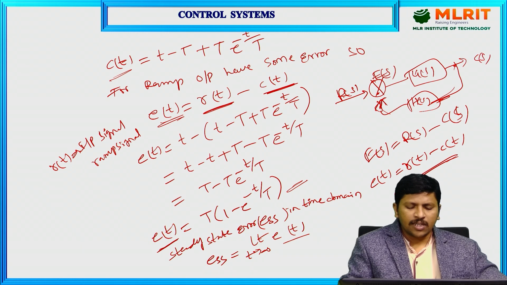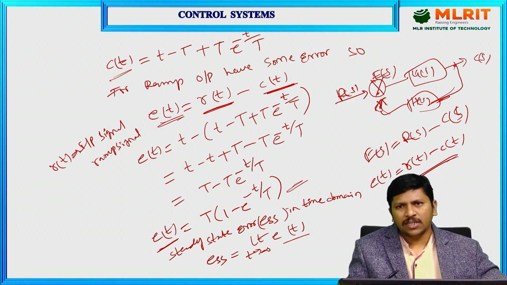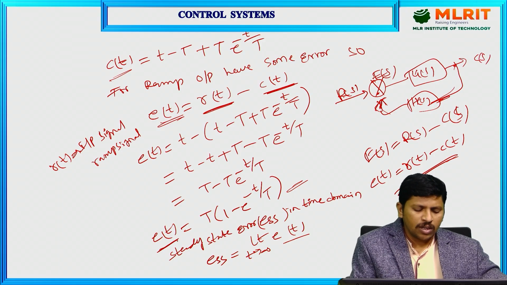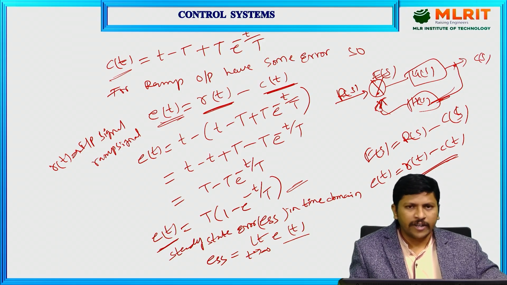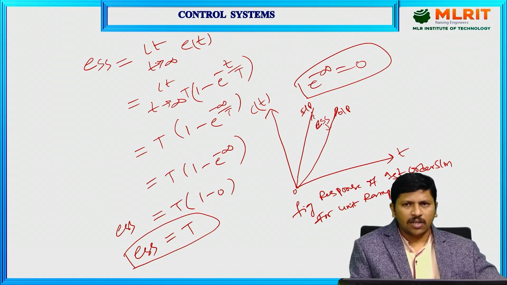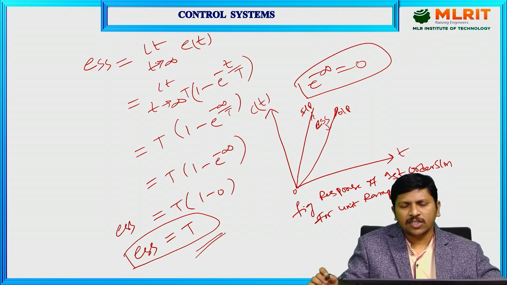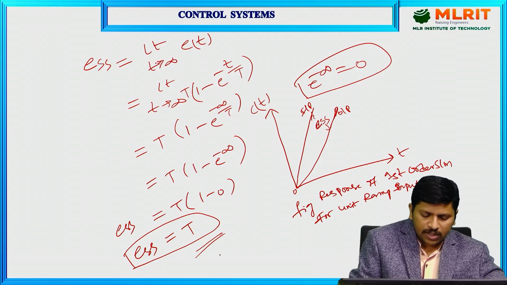The steady state error in the time domain is the limit as t tends to infinity of the error signal e of t. Substitute e of t, and in place of t substitute infinity. You will get the time constant. The steady state error is the time constant. Simply, in a ramp signal the steady state error value is T, the time constant.